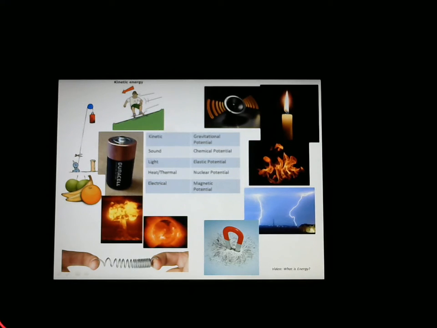It's stored. It's waiting. You wake up in the morning, you might feel a bit hungry. Hey, that's your body saying, hey, we're low on chemical potential energy. We can still work, but we might need to refuel a bit. I'm going for a drive and my car, the engine light turns on. So, hey, look, we can drive for a little bit more, but you're running low on potential energy.